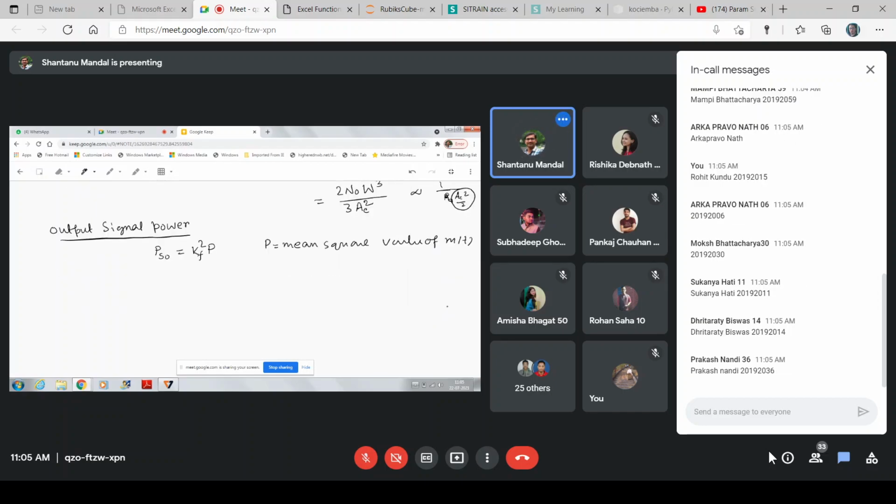So the output SNR is Kf square into P by 2, divided by 2 N0 W cube into 3 AC square.